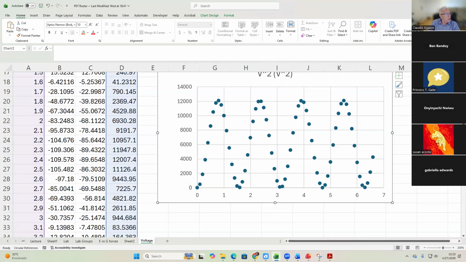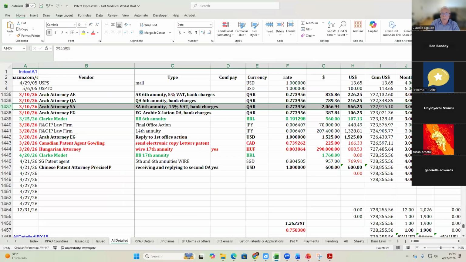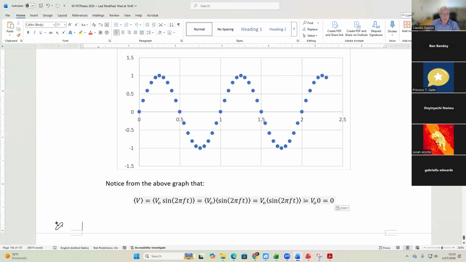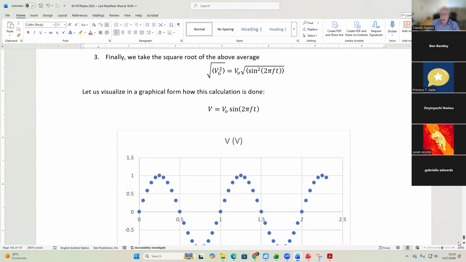So notice for the above graph that the average is equal to 0.